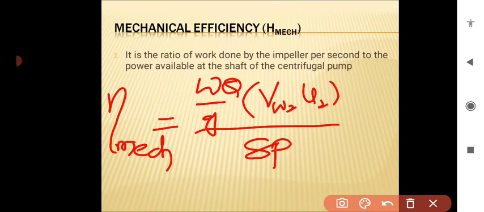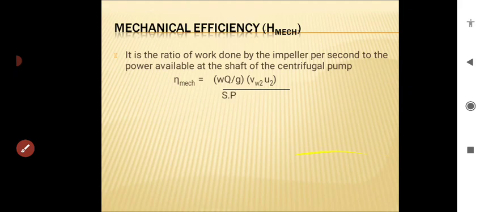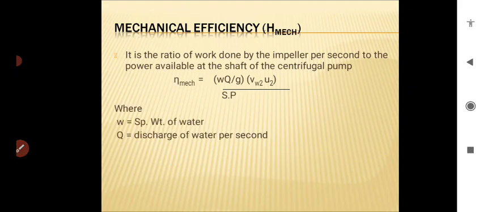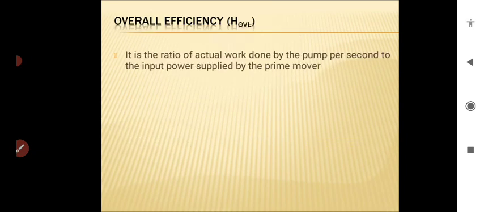So, work done by the impeller per second by power supplied by the prime mover or shaft power. Observe this, where W is the specific weight of water, Q is the discharge of water per second, and SP is the shaft power.